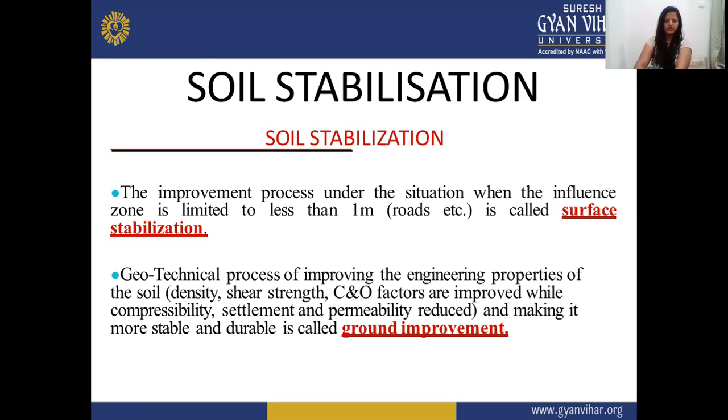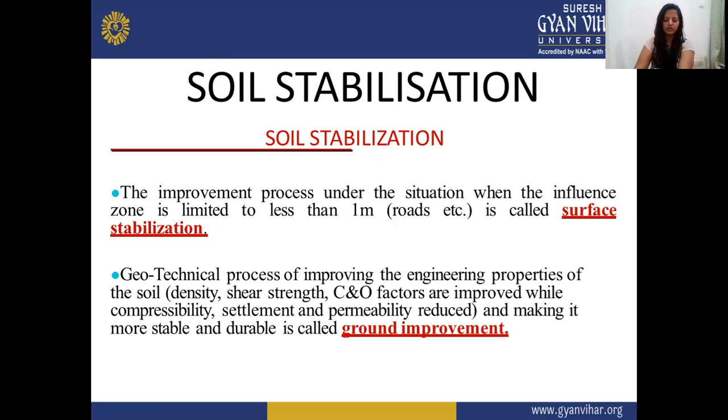Okay, so if the influence zone, or the zone under pressure or load condition, is less than 1 meter, then the modification for that area is usually termed surface stabilization, because only the surface area needs to be stabilized.